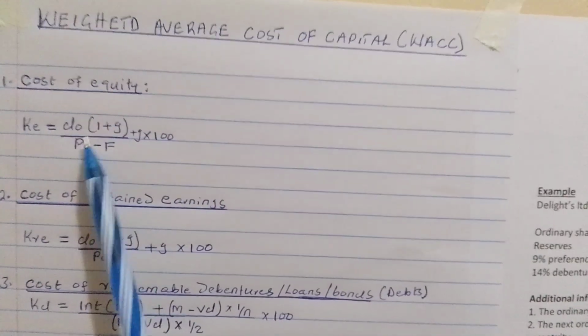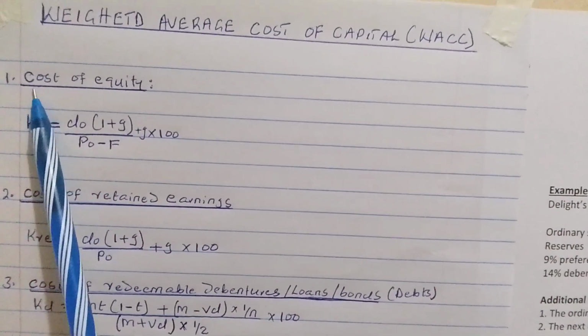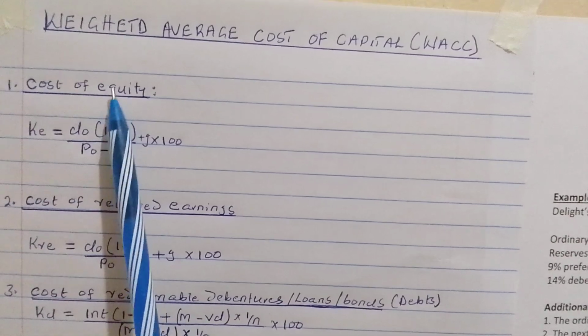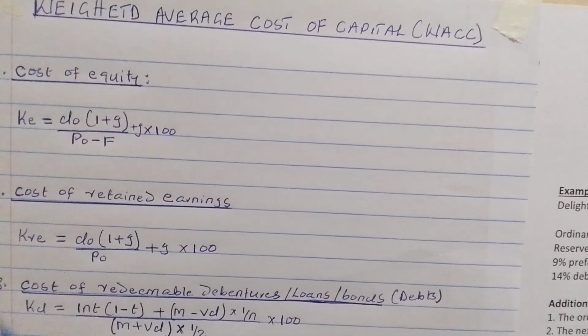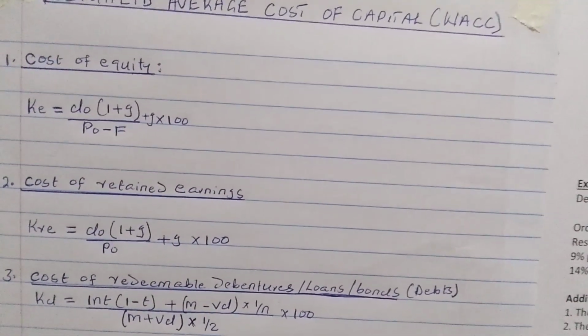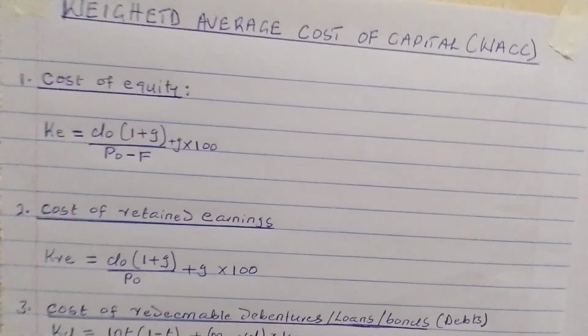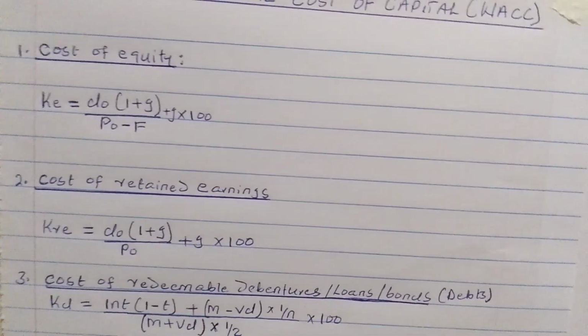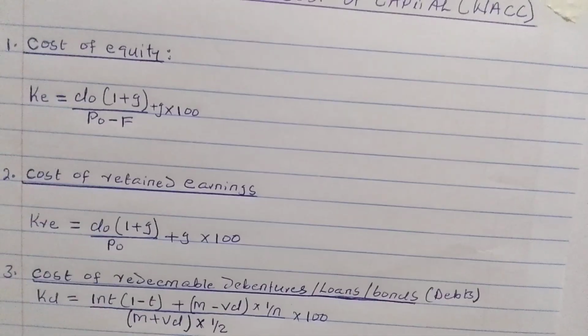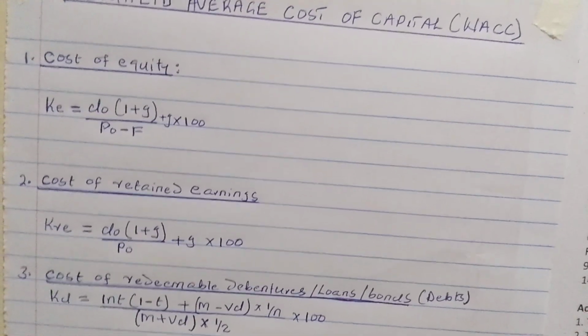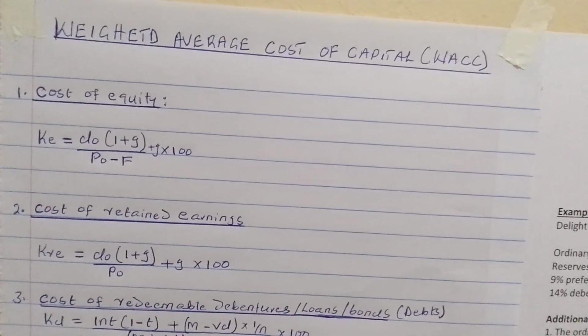You will be required to know how to calculate cost of equity. Note that equity means ordinary shares. So when you come across ordinary shares, you are being told to calculate the cost of raising the ordinary shares.